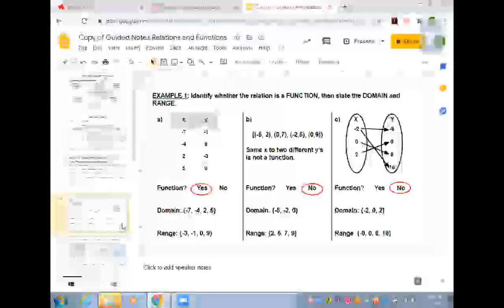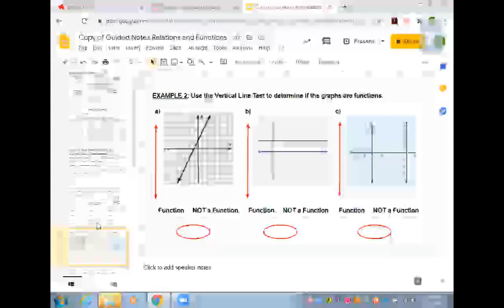Any questions on those three? All right, let's go to the next slide.